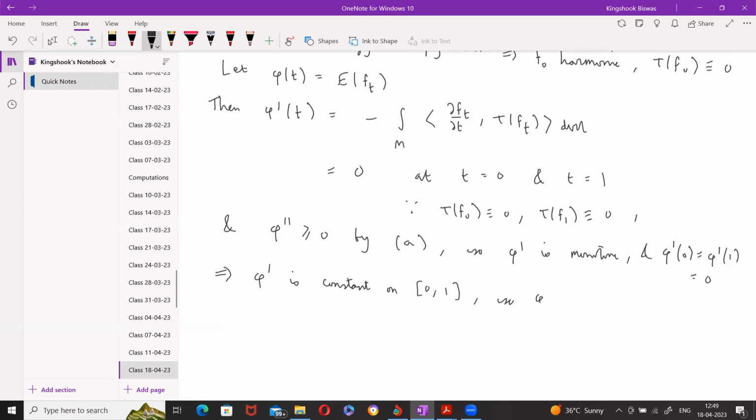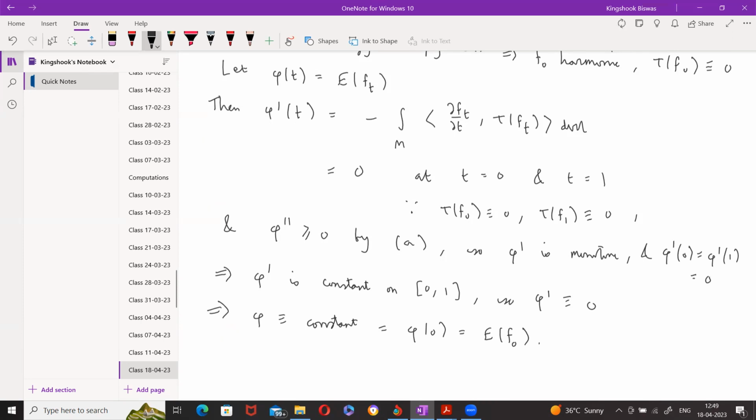So phi prime is identically 0, and therefore phi is constant. That constant is phi of 0, the energy of F0. So all the maps Ft have the same energy as F0.